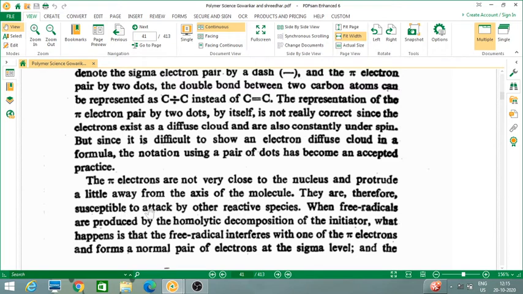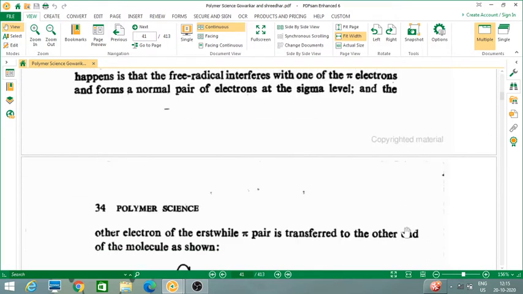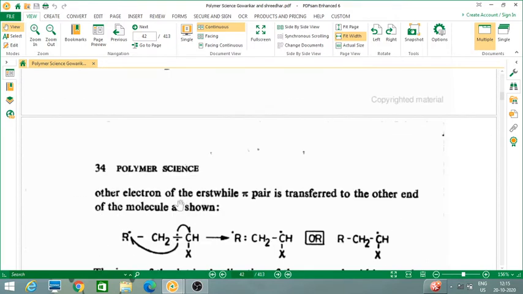The other electron of the erstwhile pi pair is transferred to the other end of the molecule.